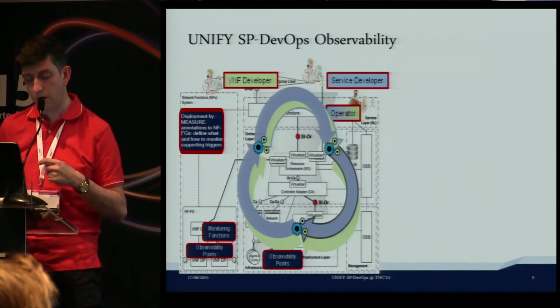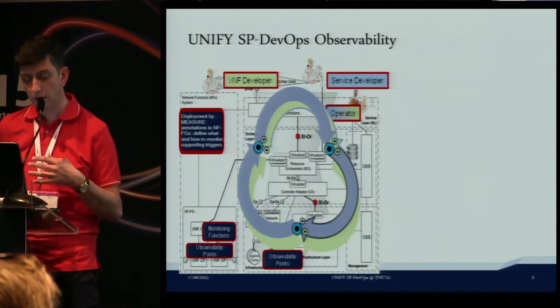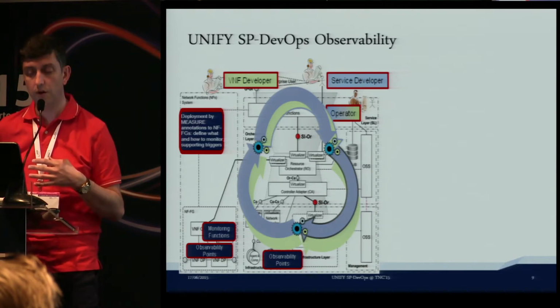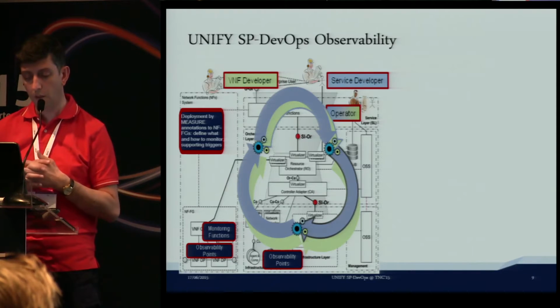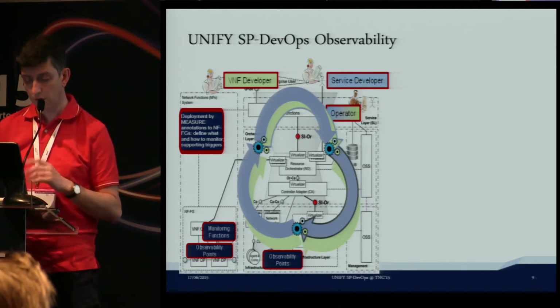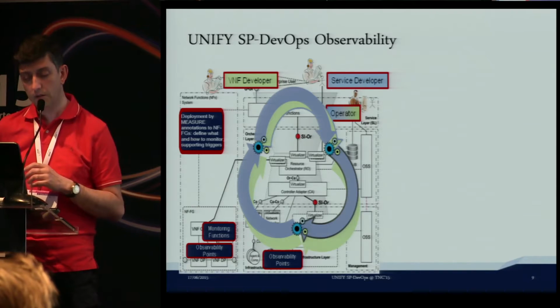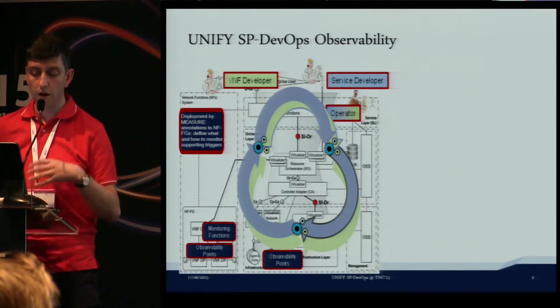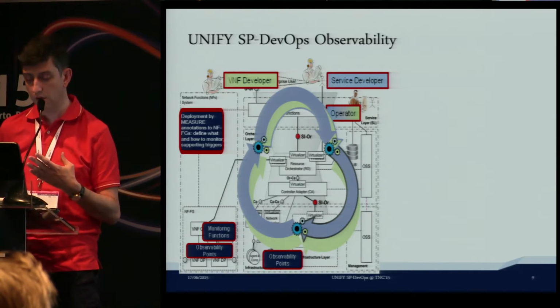And at the very lower layers of the software-defined infrastructure, we are defining a set of monitoring functions that solve very precise problems, which are SDN-specific in a novel way. And we are defining a monitoring bus that allows these functions to make available a lot of information to the orchestration layers in a very scalable way.